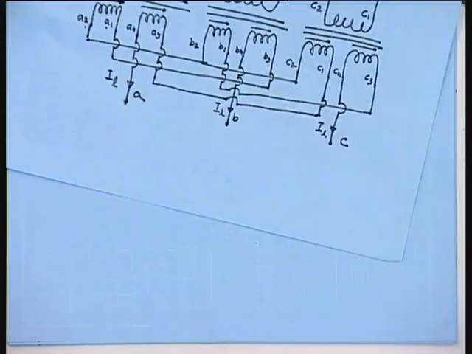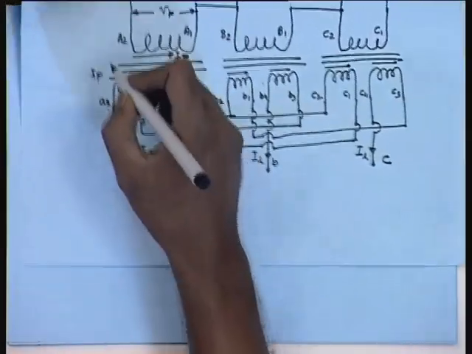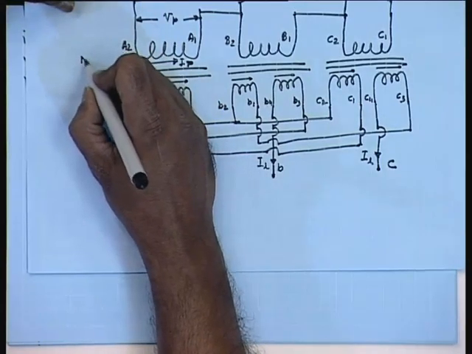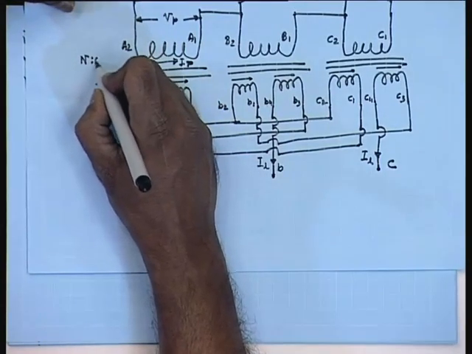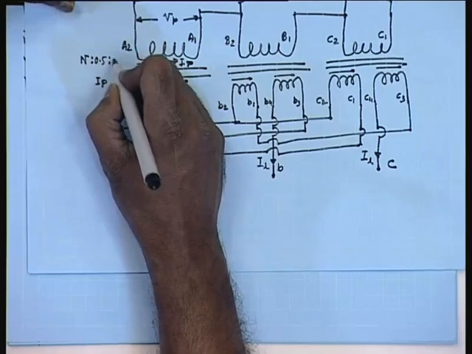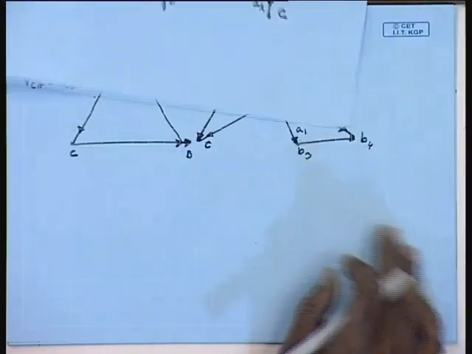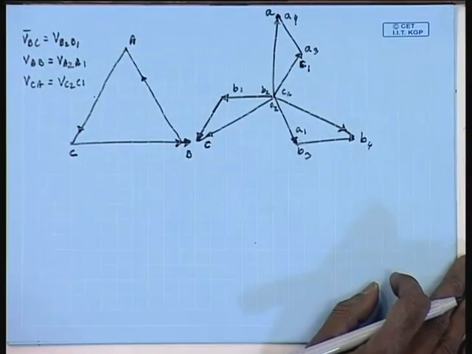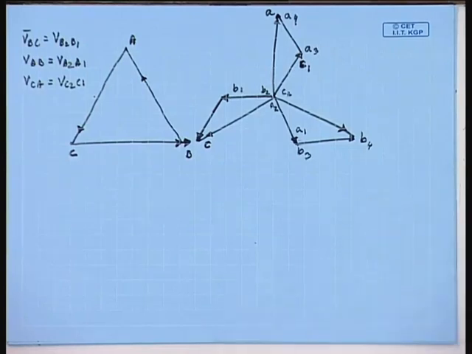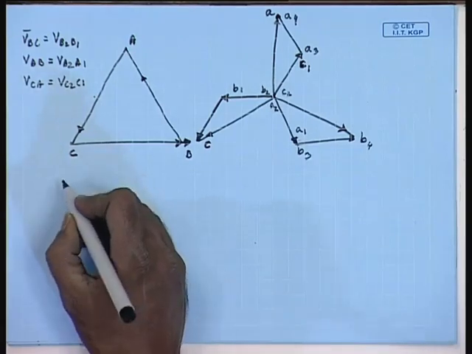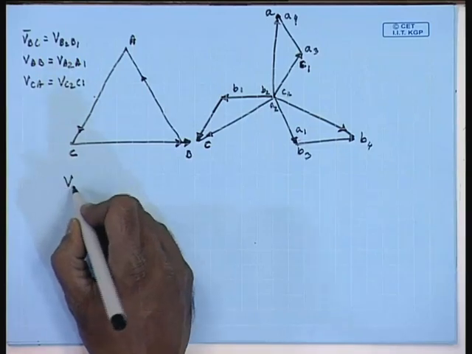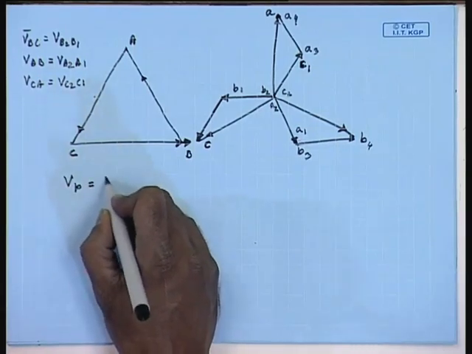Again, we will assume that the turns ratio on the high voltage side is N to 0.5 to 0.5. So, since the primary side is delta connected, Vp equal to VL.